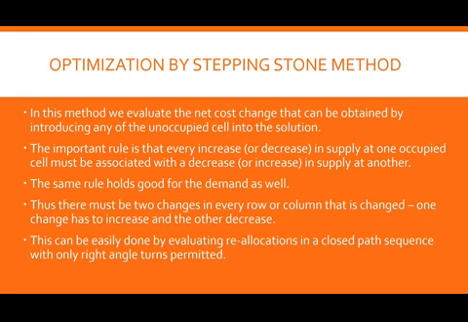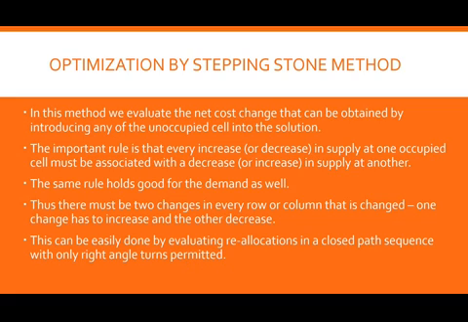This is a very important rule that we need to keep in mind. Thus, there must be two changes in every row or column that is changed. One change has to increase and the other has to decrease. This can be easily done by evaluating reallocations in a closed path sequence with only right angle turns permitted.